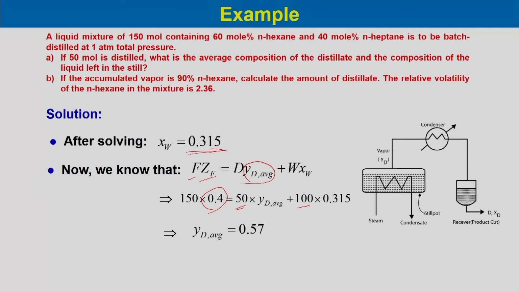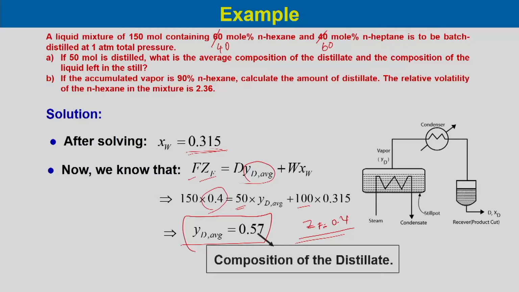Please note that we have considered here ZF is 0.4, which should be 40 mole percent N-hexane and 60 mole percent N-heptane. So, make this correction. With this we obtain YD average equal to 0.57. This is the composition of the distillate.